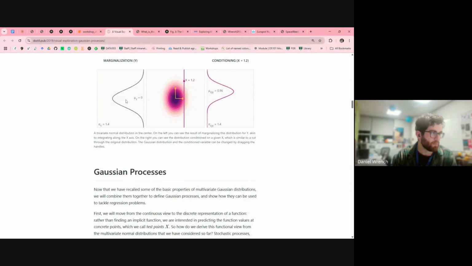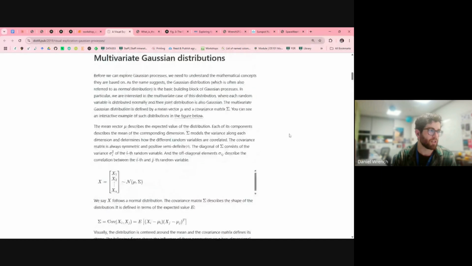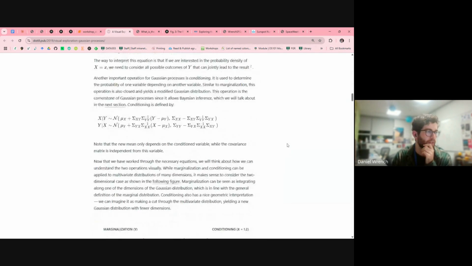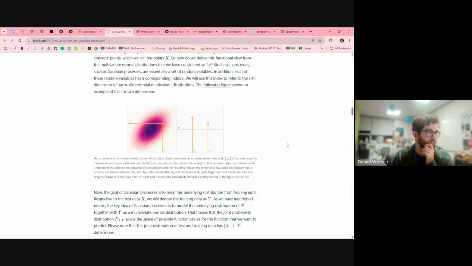This is the concepts of marginalizing over a distribution and conditioning on a distribution. That's what we see up here when we select a point. We're conditioning on that point, and our distribution will respond as we do that. And here, I guess we're showing how we move along that correlation matrix.